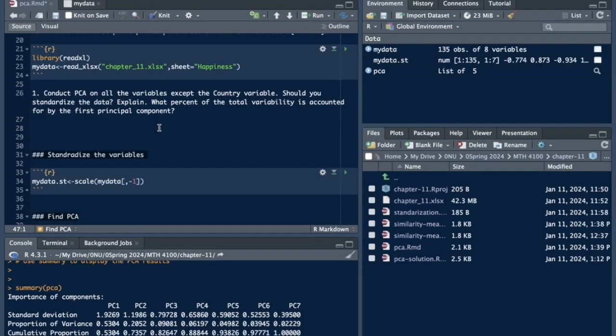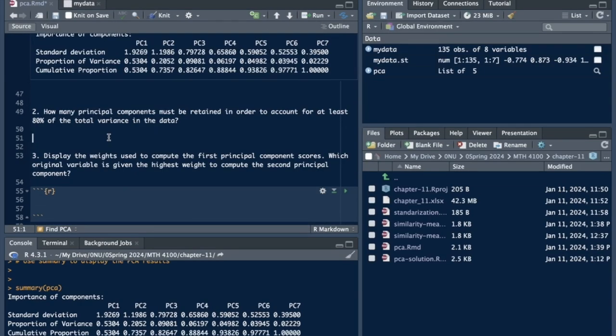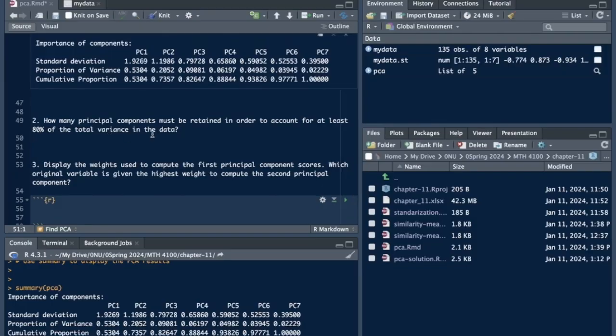And we said why we need to standardize the data, because PCA is very sensitive to different units, to different variations of the data. When you have different units, let's say, it's good to standardize the data. For question 2, how many principal components must be retained in order to account for at least 80% of the total variation of the data?